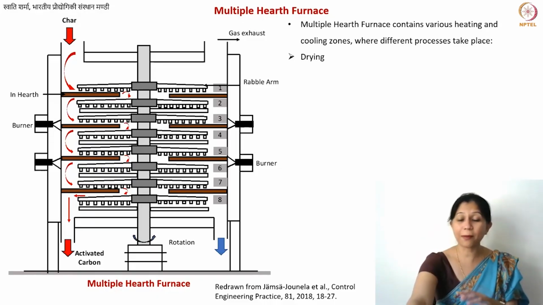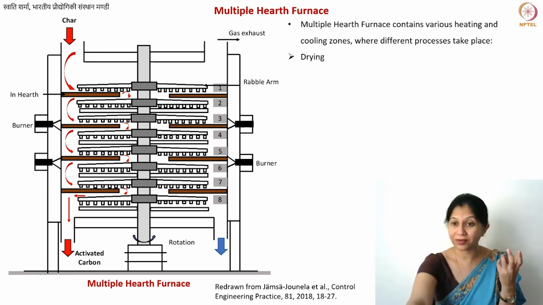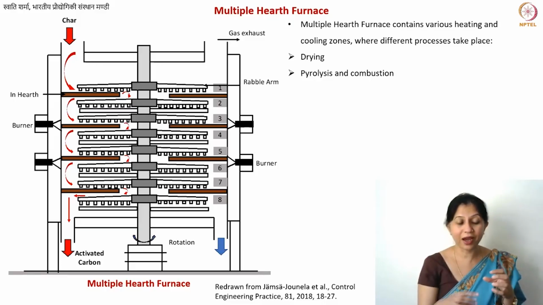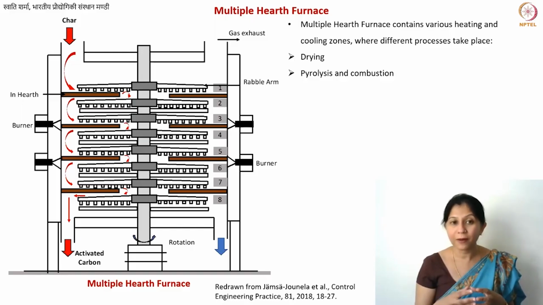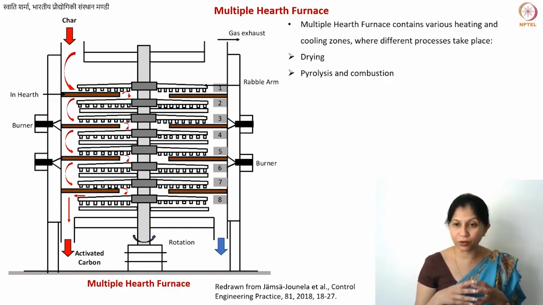Okay, now what happens at these different stages? Basically, on the first stage, if you have some moisture in your char, first some drying will take place. Second stage, there will be some pyrolysis. Pyrolysis also, if you take the precursor and you want to make the coal, for that also these kind of furnaces can be used.